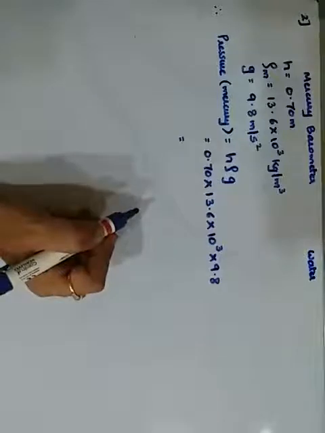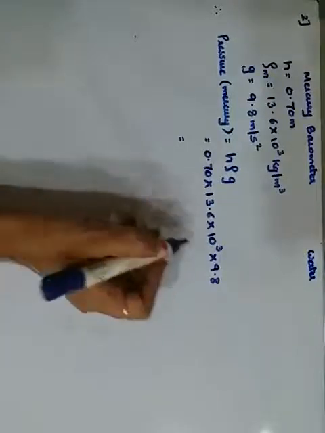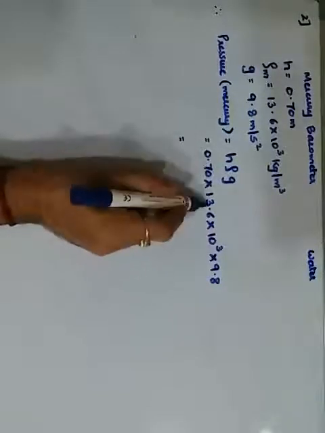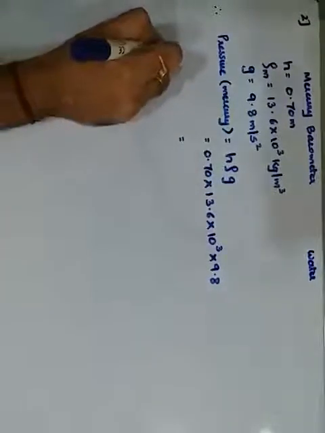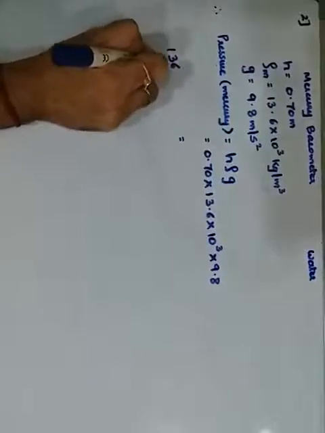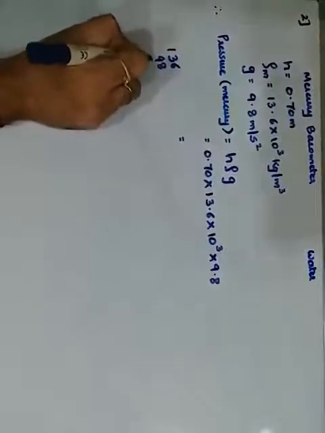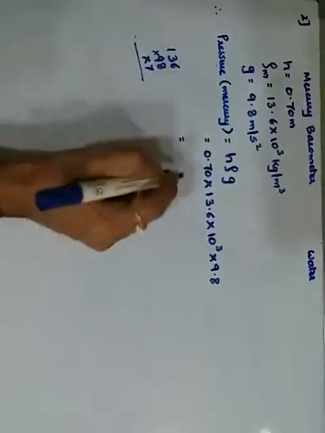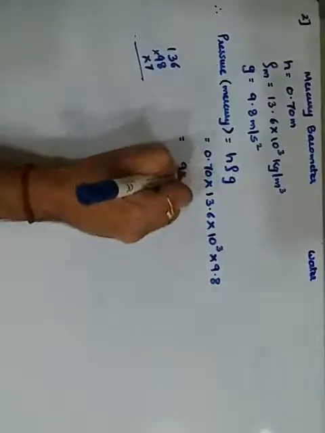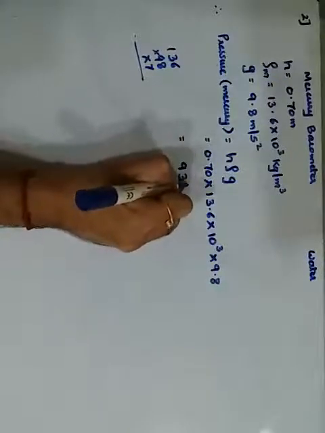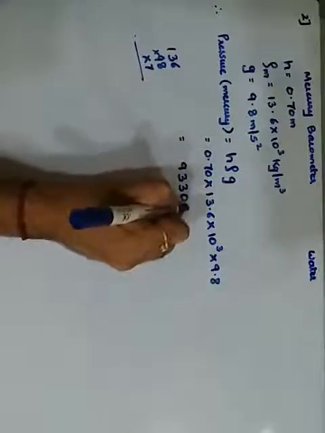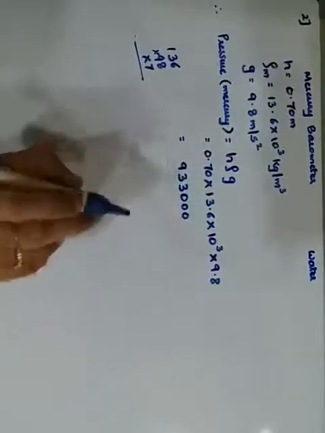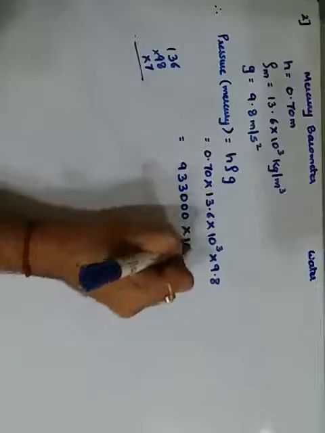Calculation-wise, when I multiply everything, keep the 10 raised to 3 as it is, and 70, I don't consider the decimals. Just multiply 136 by 98 and also by 7, all these multiplied together, and you get an answer of around 933.123 into 10 raised to 3.